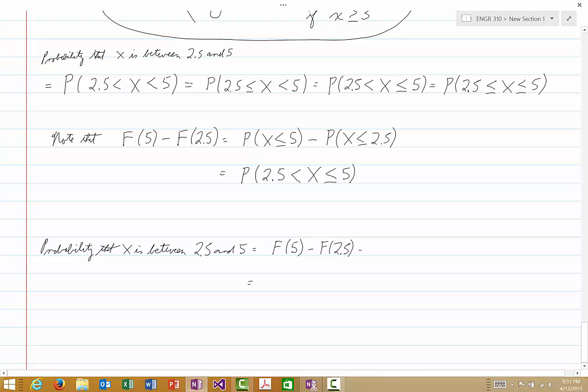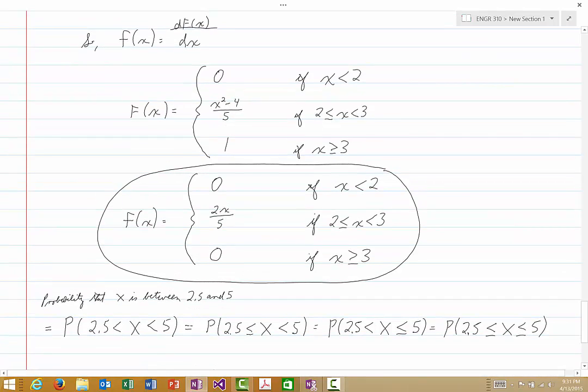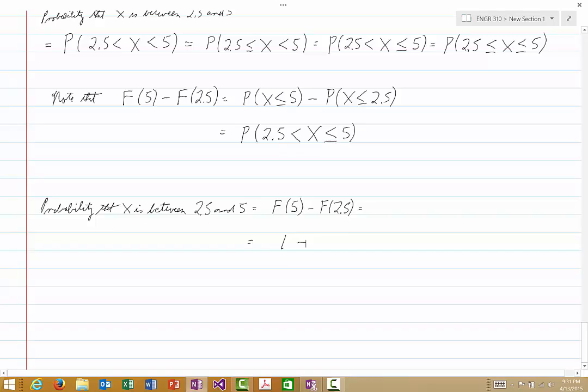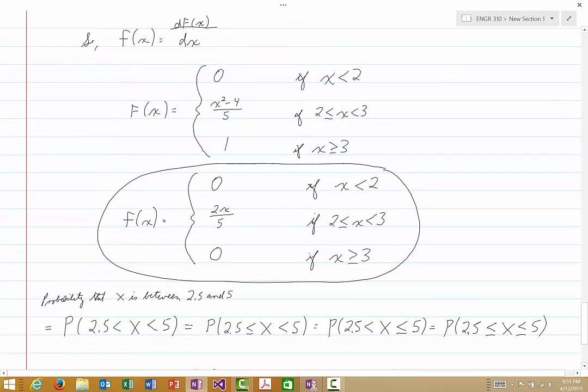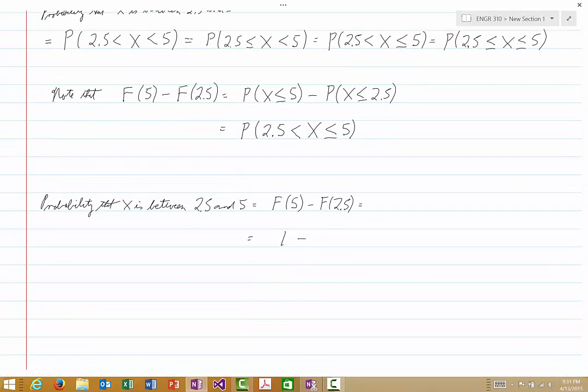And now we look above: capital F of 5, as we can see up here, since 5 is greater than 3, is equal to 1. And capital F of 2.5, well, 2.5 falls in the range between 2 and 3, and so we get 2.5 squared minus 4 over 5.